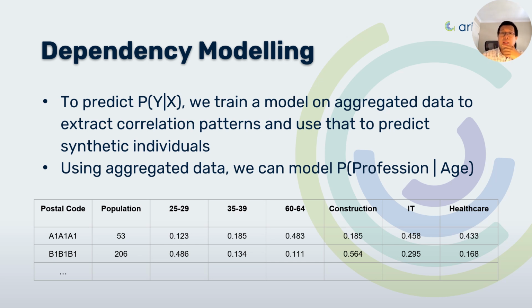So using aggregated data, we can compute the probability of profession given someone's age. So here you can see we're lining up these values. For every one of these postal codes, we know how many people fall within each of the age buckets. That's the distribution of age. And we use that to predict how many people would have fallen under each of the profession buckets.